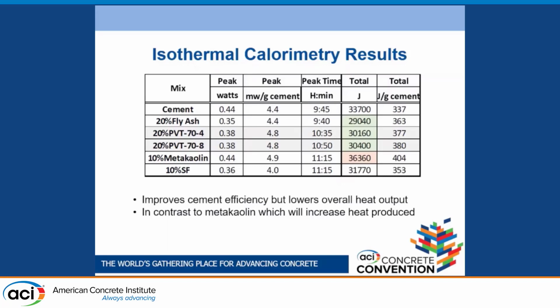Based on these results, with this Metakaolin, I would advise using that one in mass concrete, thinking that you're replacing cement and you're going to get a reduction in your heat output. You can see that's actually fairly high per gram of cement. The silica fume is a little bit lower, and you can see on these other ones, there's no reason it's lower per gram of cement, but there's more cement in the silica fume case.